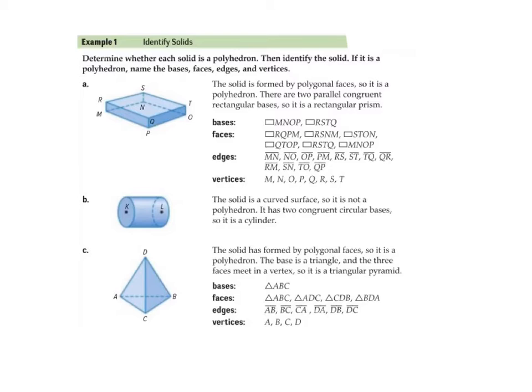But if you look at B, the base of that will be the circles at either end. So the base is the 2D shape rather than where it sits, okay? And again, it's noted by letters of whatever the different shape's been given, and then you're doing the bases, the faces, as the edges, and the vertices are basically points or angles, so they're just single letters.